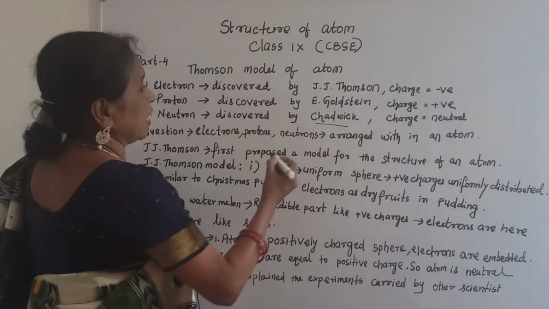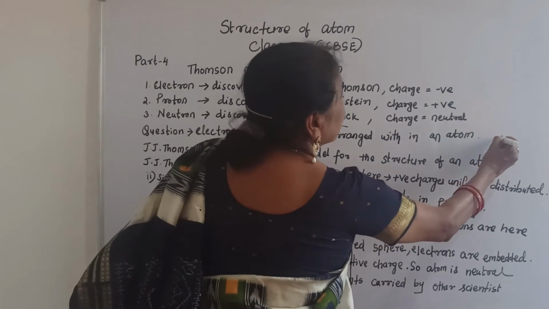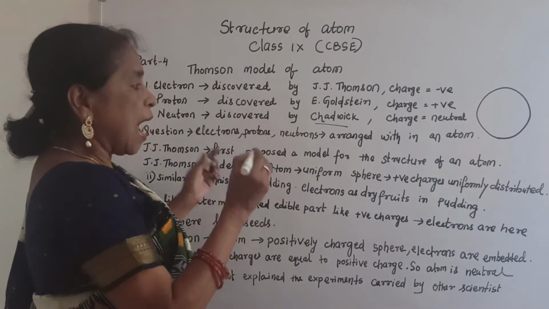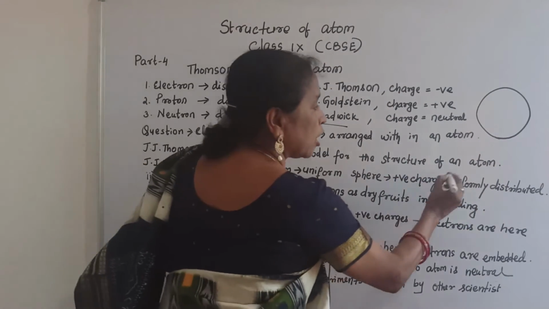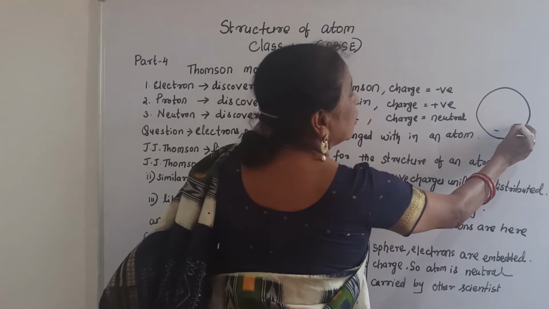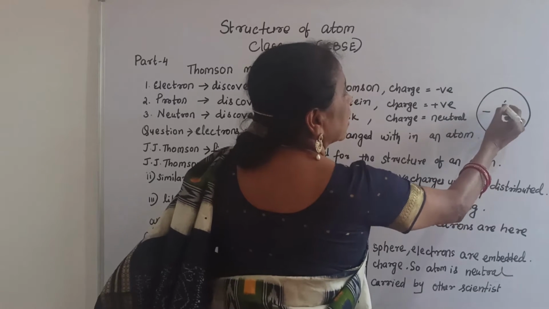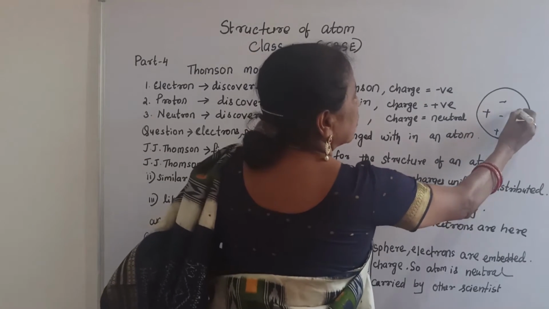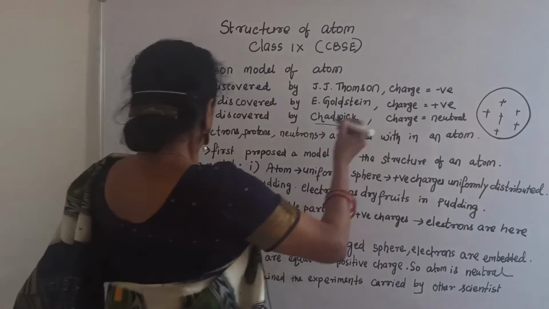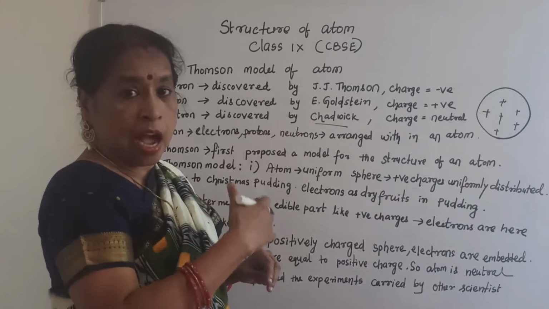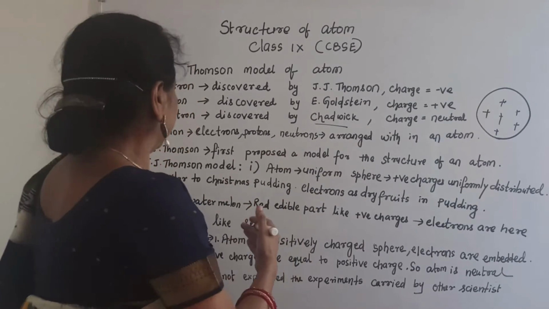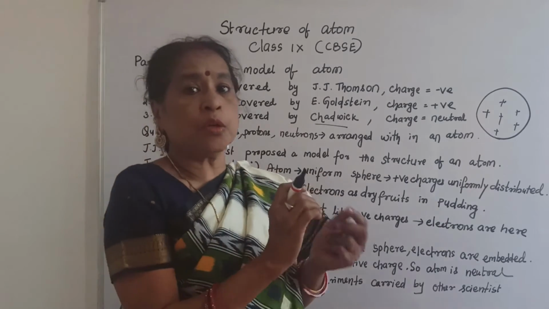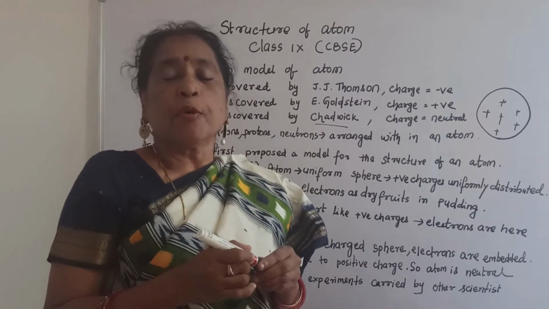Now you can say, suppose the atom is one uniform sphere, and the positive charges are uniformly distributed. Then what happens about the electrons? How are the electrons arranged? He said it is similar to Christmas pudding.